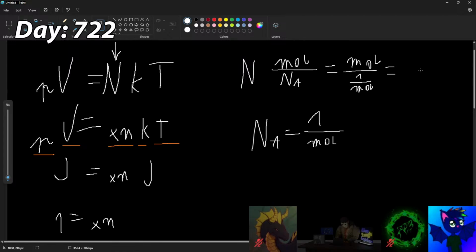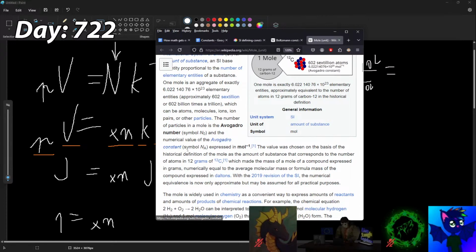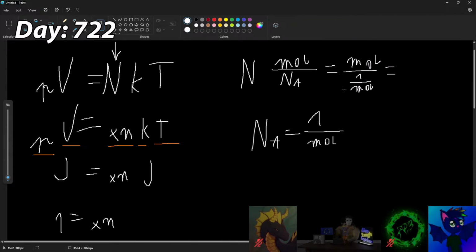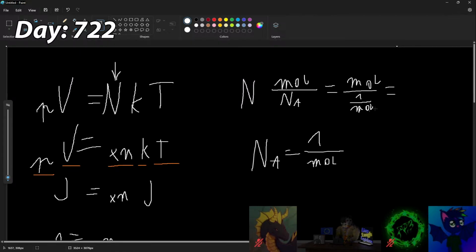No. Avogadro's number is not 1 divided by mole because Avogadro's number is a constant. It is not a unit, it's a constant. Expressing more, then I'm wrong, which means in this case, that's actually even worse, because in that case, mole squared would be non-dimensional.